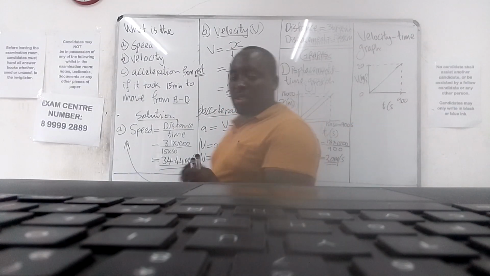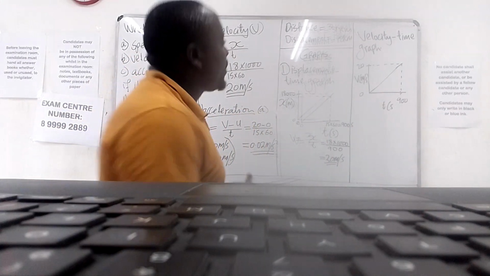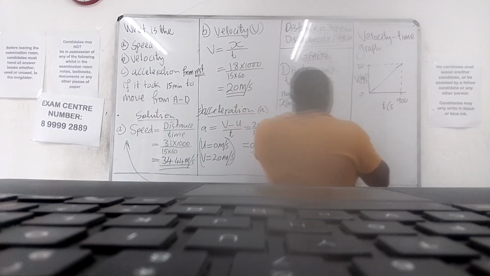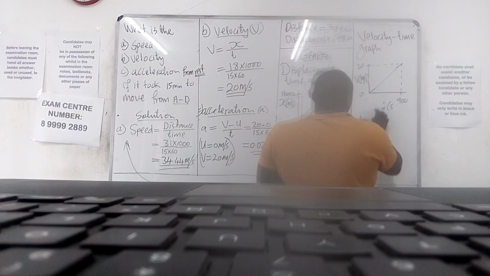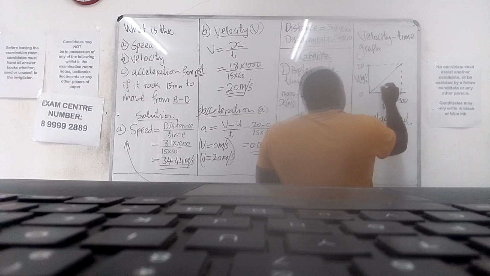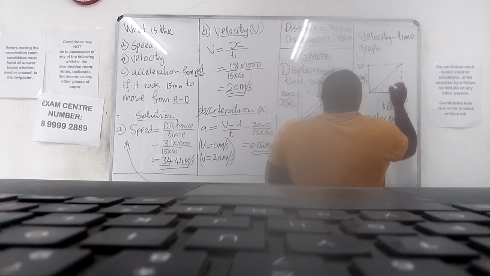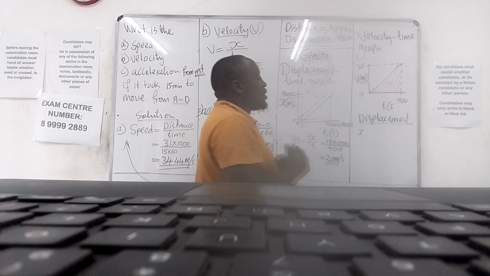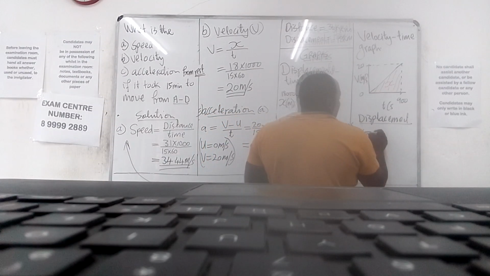So, when I want you to see this clearly, when I want to calculate displacement, x, it is the area under the graph, this area. This is x. So what do you do? We say x is equal to half v times time.